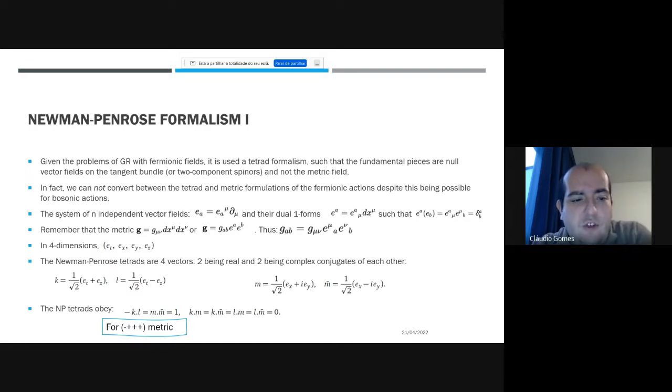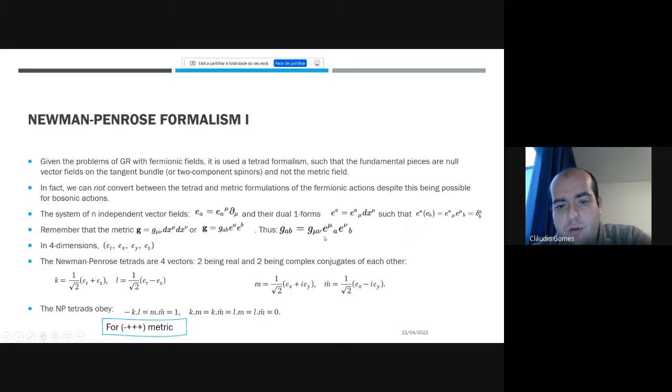Okay, so the idea is to start with a system of n independent vector fields, these ones here, and their dual one forms, such that they can be inverted. Remember that the metric field can be written in this form, or resorting to these vector fields, we can write the metric field in this form.